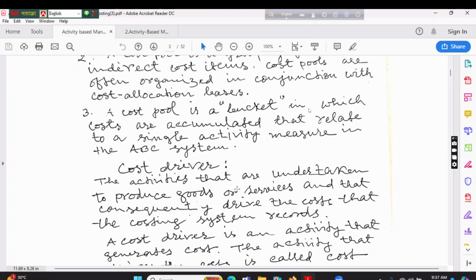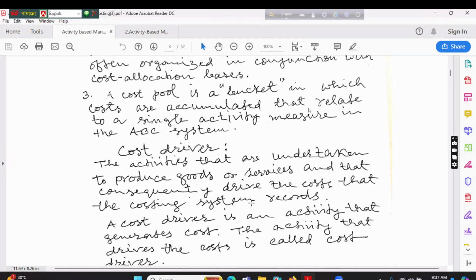The activities that are undertaken to produce goods or services and that consequently drive the cost that the costing system records. A cost driver is an activity that generates cost.